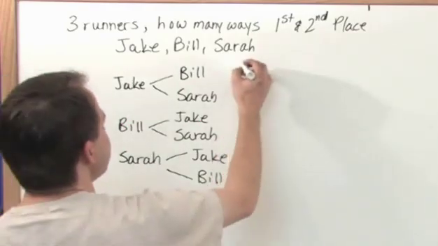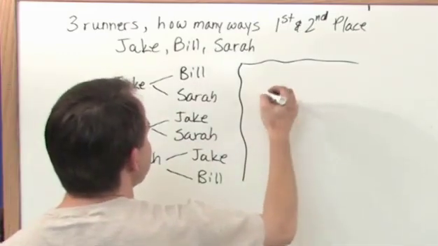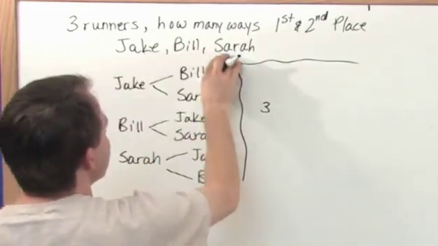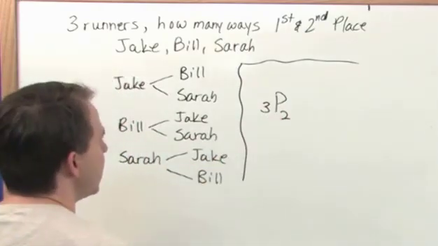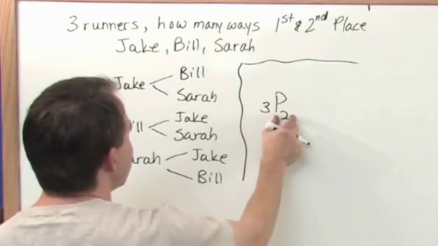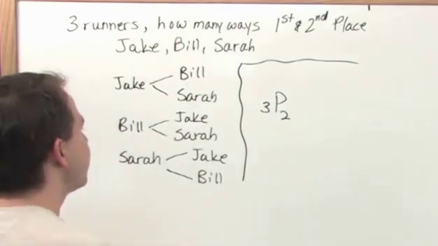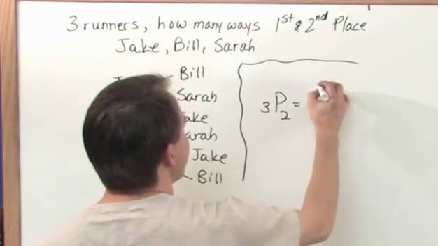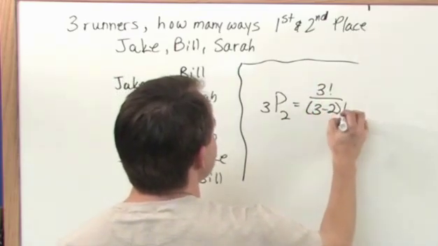And then we said, in the last section, that when you have problems of this type, you have, in this case, three elements taken two at a time. I had three elements, but I'm only looking at the number of ways in which two of them can be ordered where the order does matter. And we said that was 3 factorial over 3 minus 2 factorial.